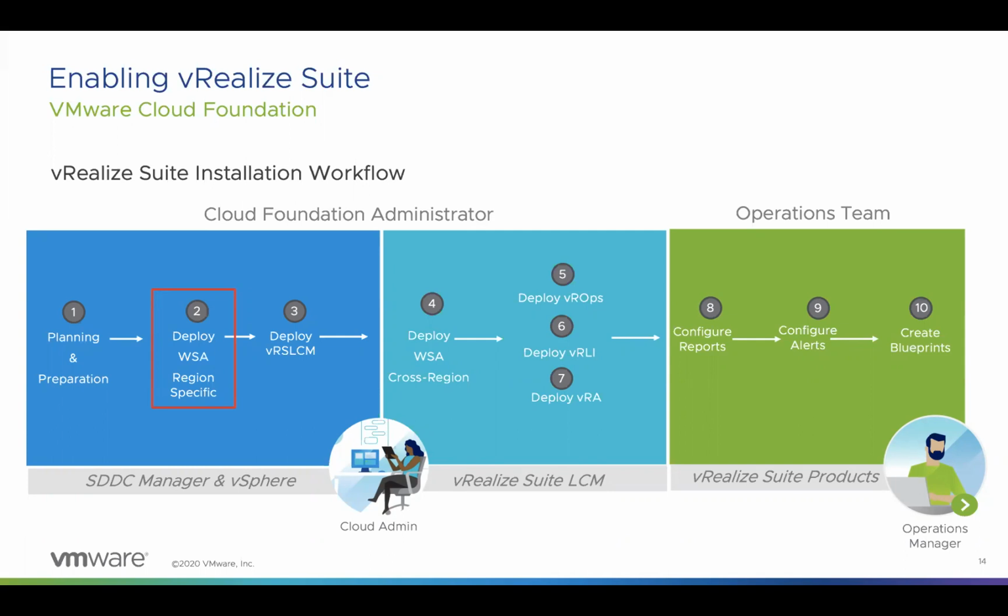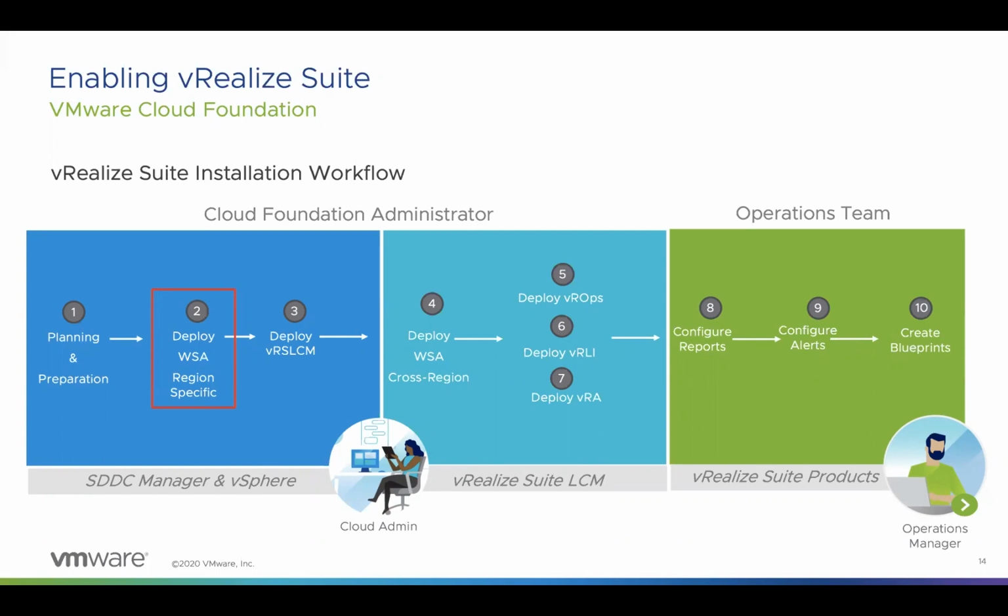But if the SDDC manager has an internet connection, we can directly download all those components from the VMware website. So lifecycle manager, vROps, vRA, all the components can be downloaded through the SDDC manager. That's what I said: SDDC manager is the single unified console for the complete administration, from both day one and day two perspectives.